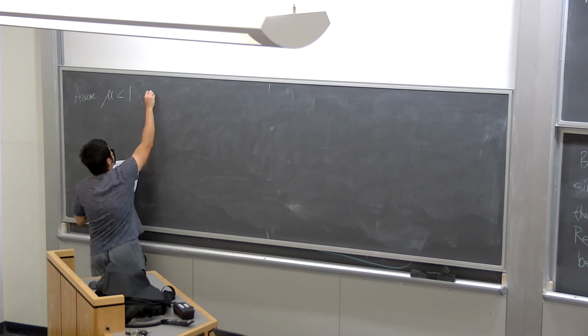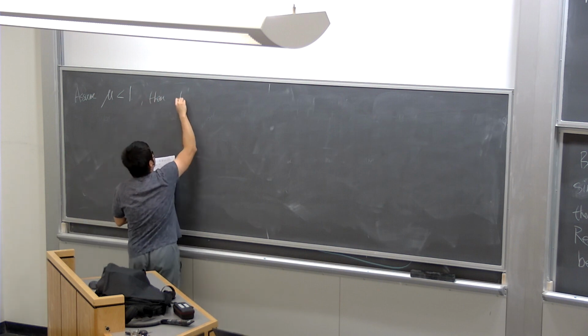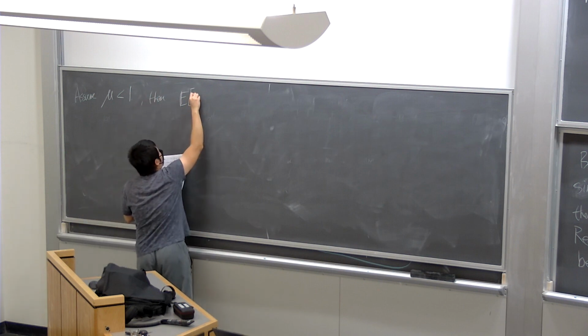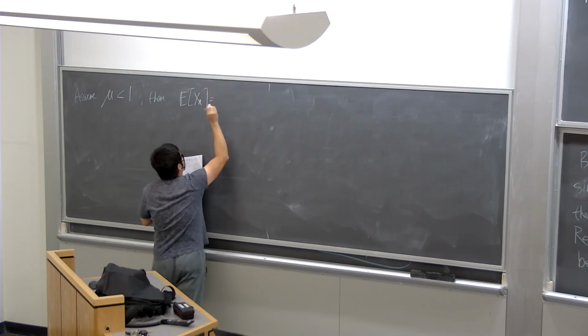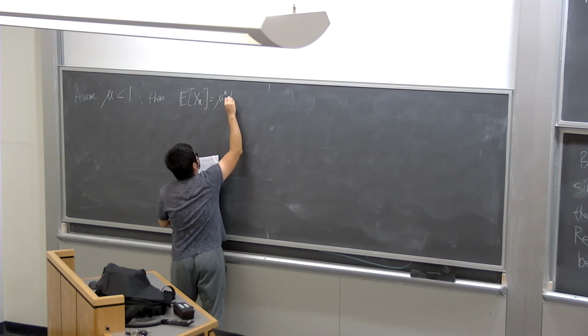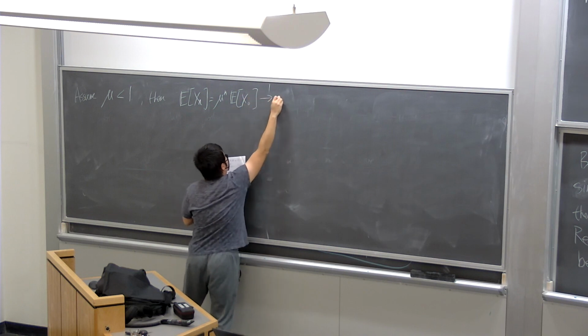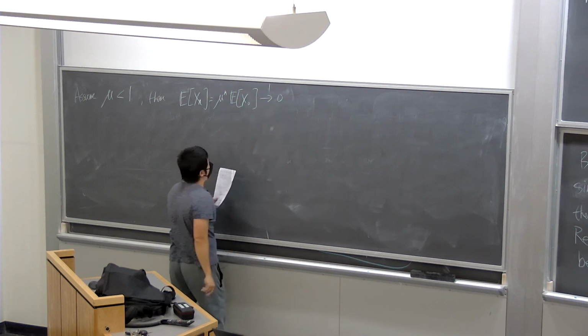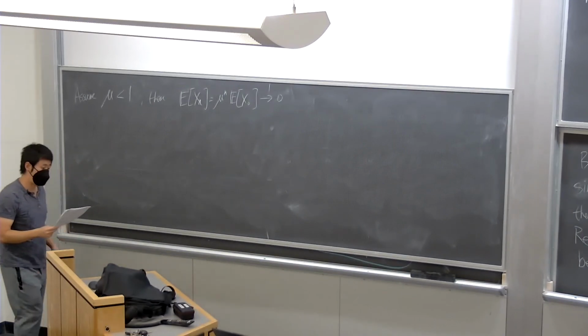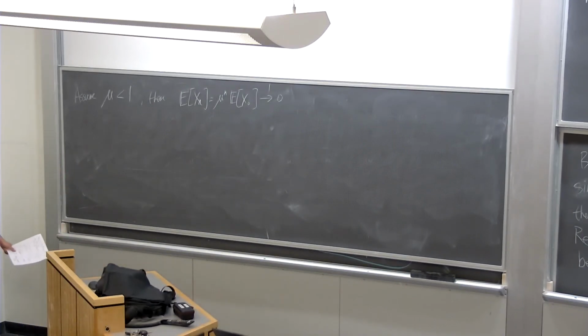Then the expectation of x_n, which is equal to mu to the n times the expectation of x_0, goes to 0, and it actually goes to 0 exponentially fast.